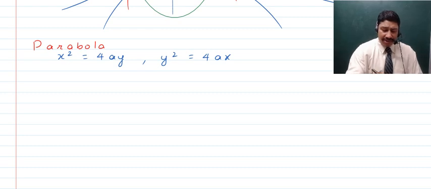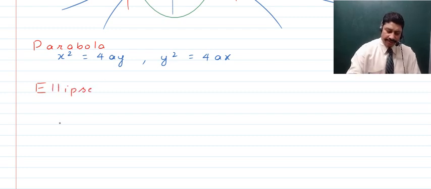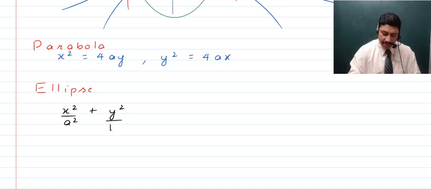Let's talk about an ellipse first. So when we talk about an ellipse, it has an equation which is x square upon a square plus y square upon b square is equal to 1.